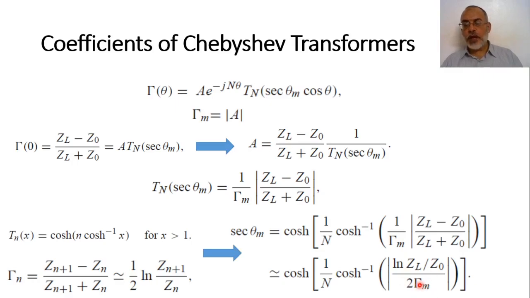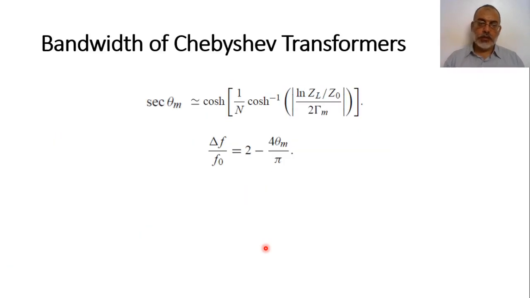For a specific value of gamma maximum, or maximum allowable reflection coefficient, and specific values for z load and z naught, we can determine the corresponding theta maximum. And if we obtain theta maximum, we can obtain the operating bandwidth of this Chebyshev polynomial. Alright? That's what we are seeing.